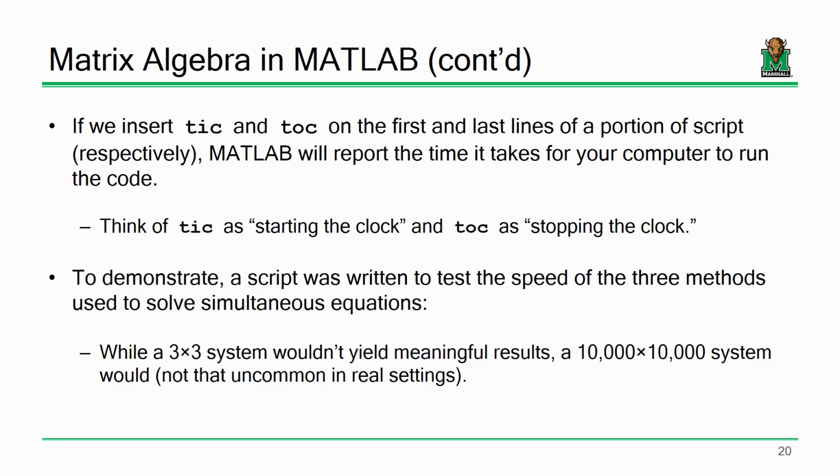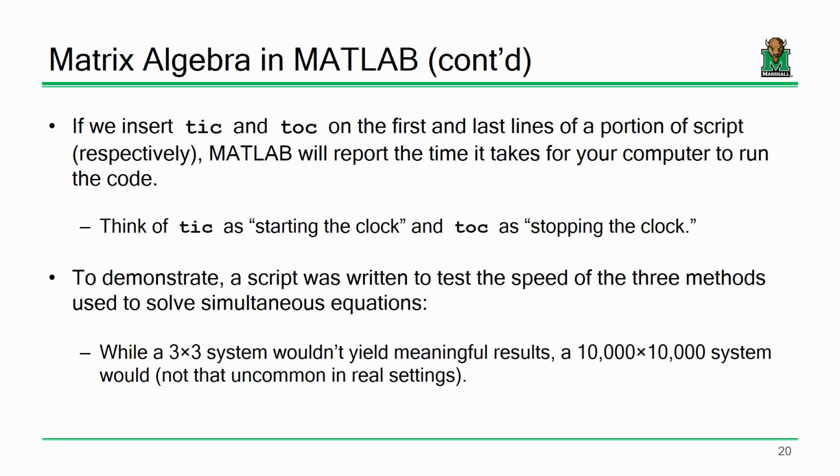And so the way you can test a script to find out how long it actually took to execute, there's a command called tic and then another command called toc. And you can embed those into a script, and what it tells Matlab is start measuring the time and then stop measuring the time. And then when the toc is finished, it'll tell you how long it took.